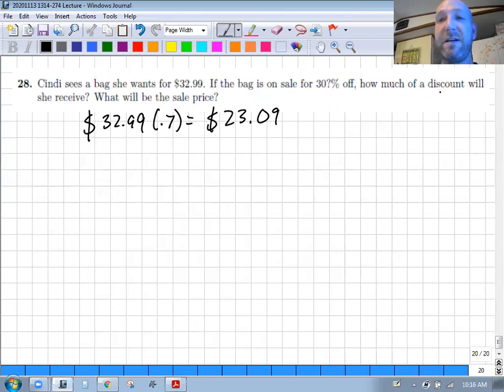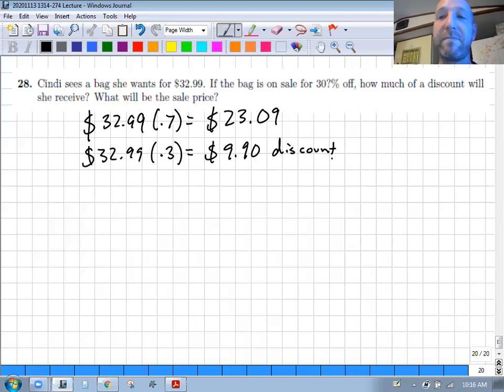How much of a discount is she receiving? She's receiving a 30% discount. 32.99 times 0.3. She's getting a $9.90 discount. Okay. We could also subtract this from that.